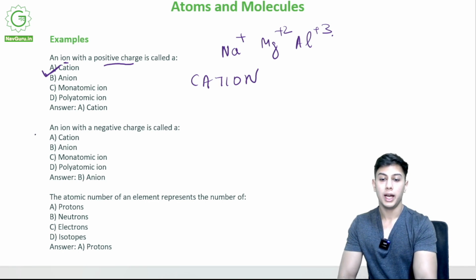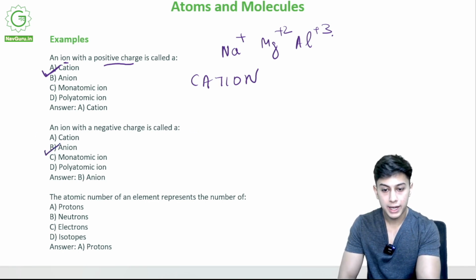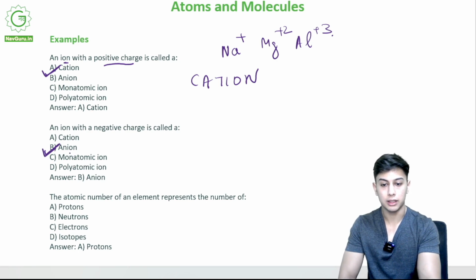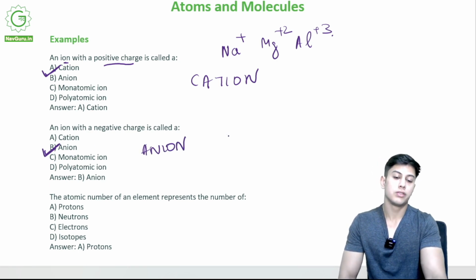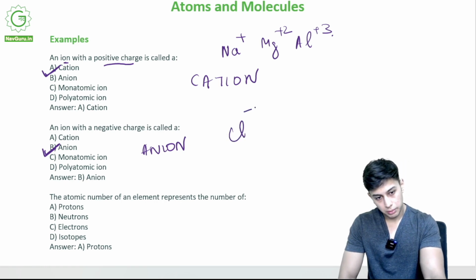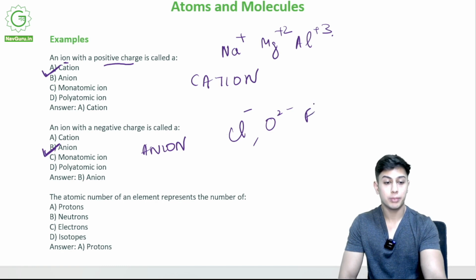An ion with a negative charge is called an anion. For example, Cl-, O2-, F-.